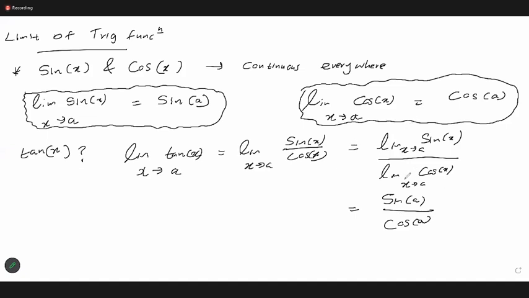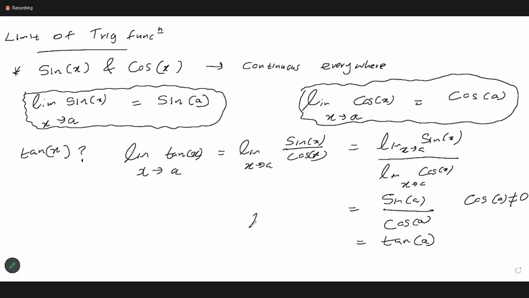So when we are writing the division, we cannot set the denominator as 0. So you have to write something more: cos a does not equal 0. Under this condition, this is valid. So we can write sin a over cos a. You can write tan a.